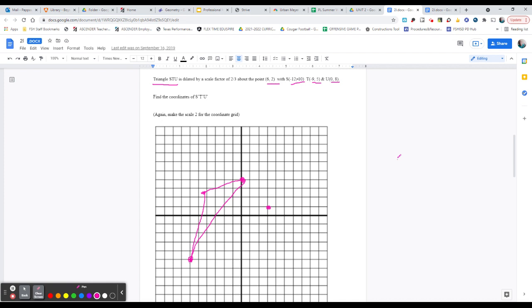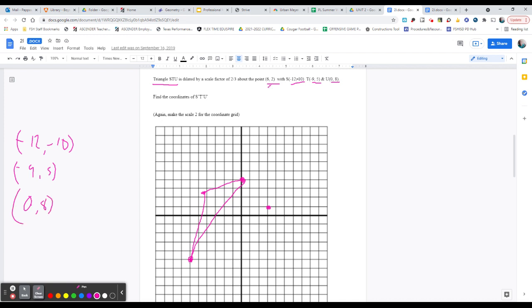Now we have our points: (-12, -10), (-9, 5), and (0, 8).